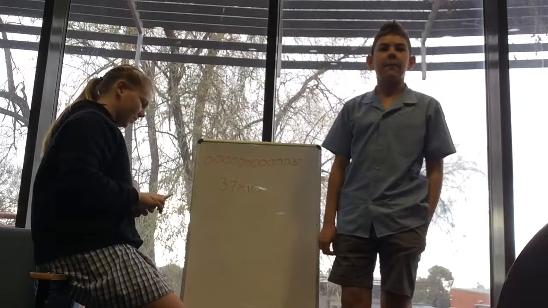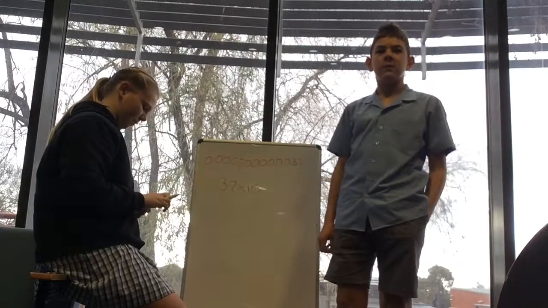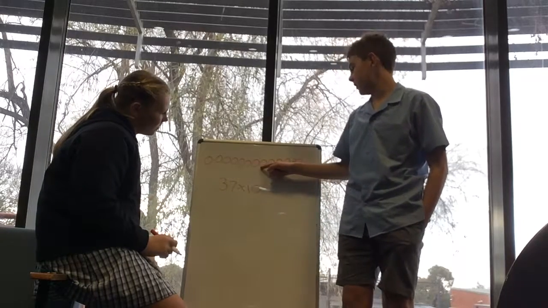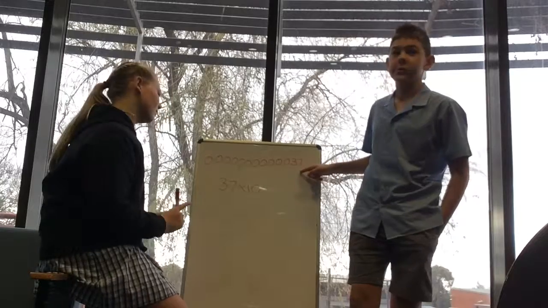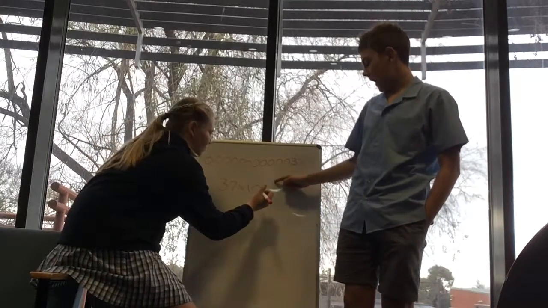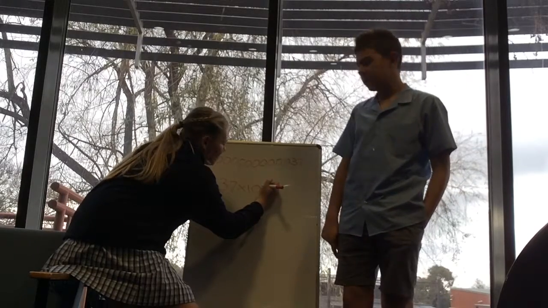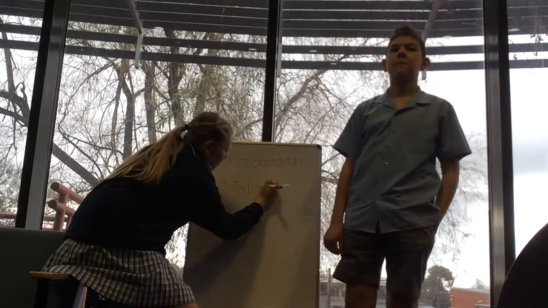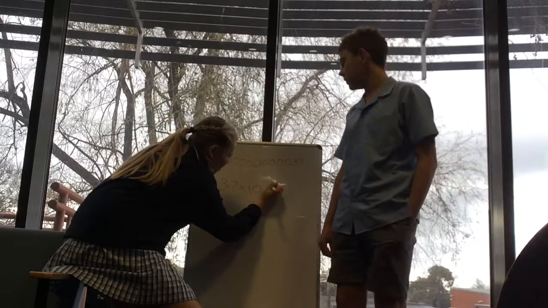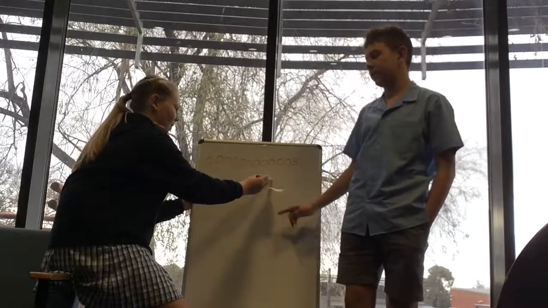Then we count how many digits after the decimal point. 1, 2, 3, 4, 5, 6, 7, 8, 9, 10, 11, 12. Then we put 12 as the power, but put a minus before it. So it's 3.7 times 10 to the power of minus 12.